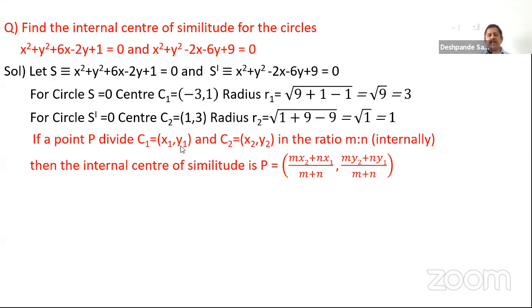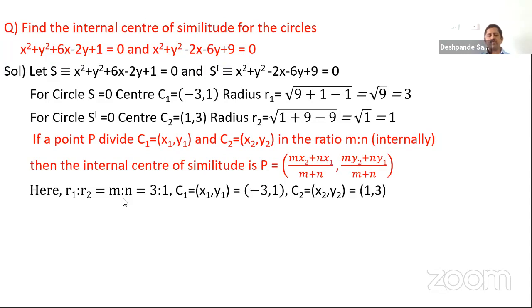Now you got C1, x1, y1 value given, and C2, x2, y2 value given, which is (1, 3). Radius R1 is 3, R2 is 1. So you can say the ratio of radii R1 is to R2 is 3 is to 1. Here R1 is to R2, you can write as M is to N because you use variables M and N, which is nothing but 3 is to 1.